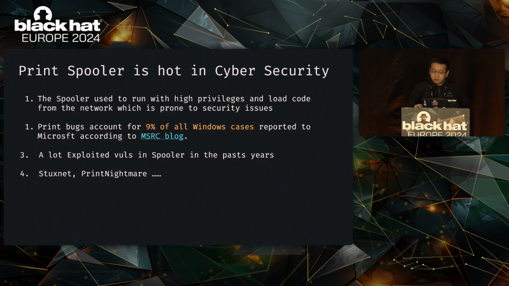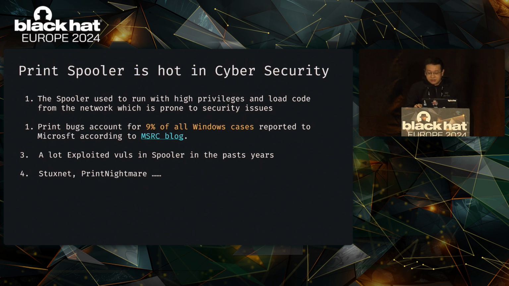Print Spooler is very hot in cybersecurity. There are many reasons for it. First, the Spooler used to run with very high privilege and load code from the network, which is prone to security issues. Second, printer bugs account for 9% of all Windows cases reported to Microsoft, according to MSRC blogs.